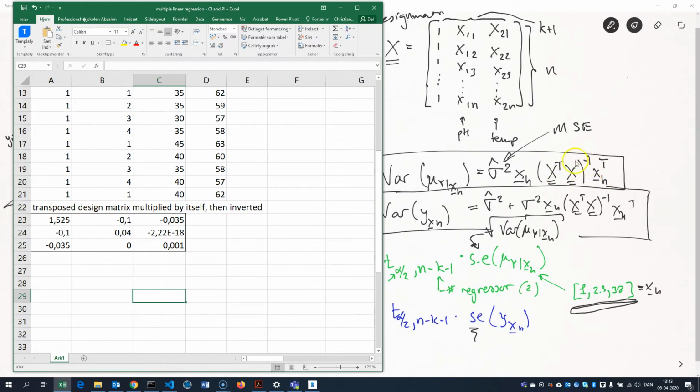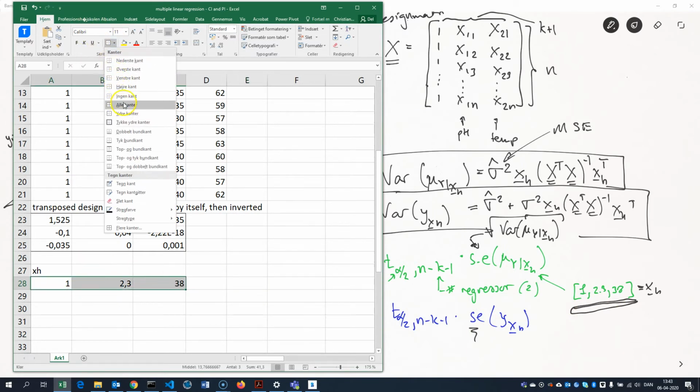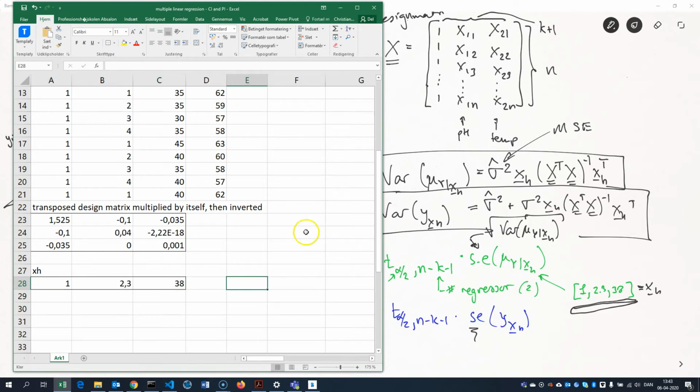That's this part here. Now I need the xh vector as well. So I'll write that here, 1 and 2.3 and 38. That's this vector here. I can encircle it as well, like that.